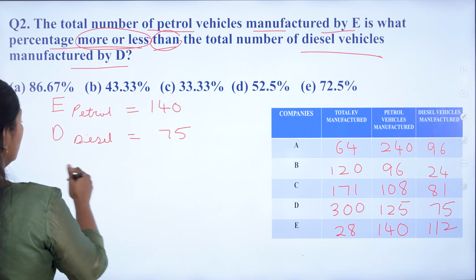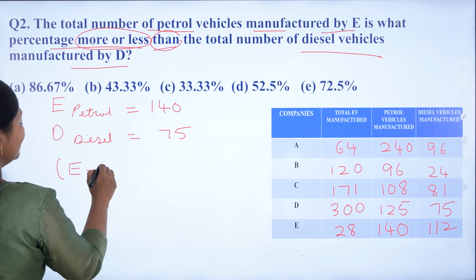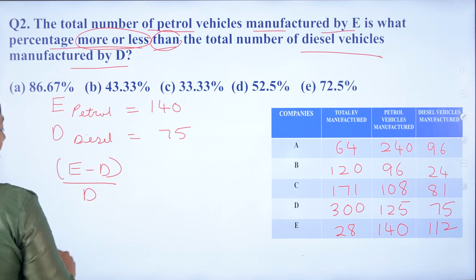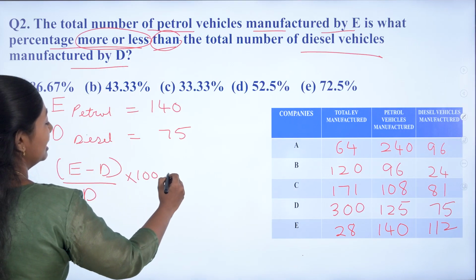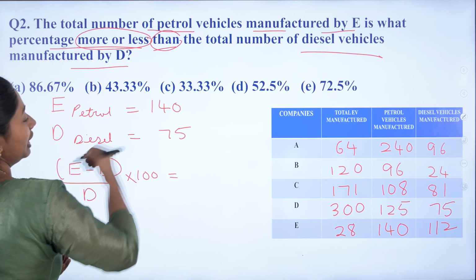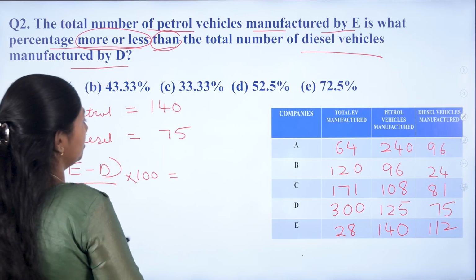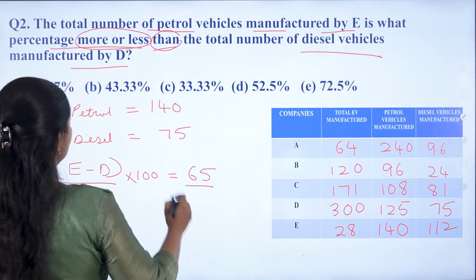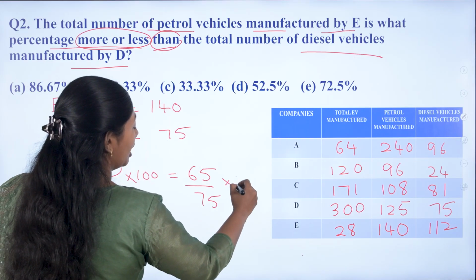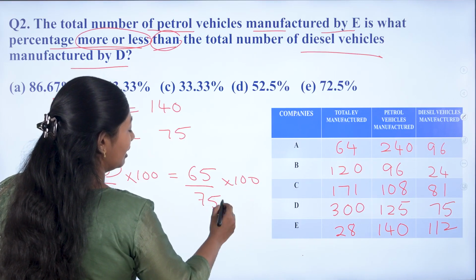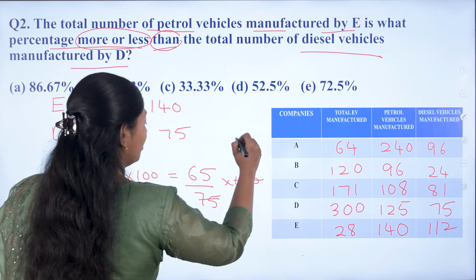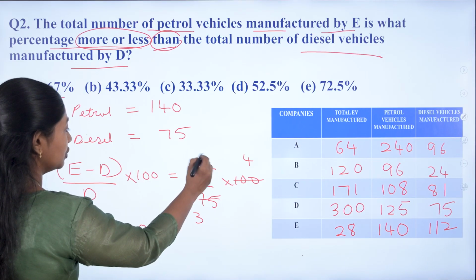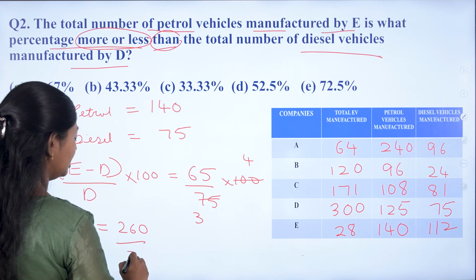So this is more. So E minus D by, with respect to D, this thing into 100 will give you the percentage value. So 140 minus 75, that means you are going to get 65. So 65 with respect to 75 into 100. We know 75 by 100 is nothing but 3 by 4 in fractional way. So 65 into 4, how much? 260 by 3.